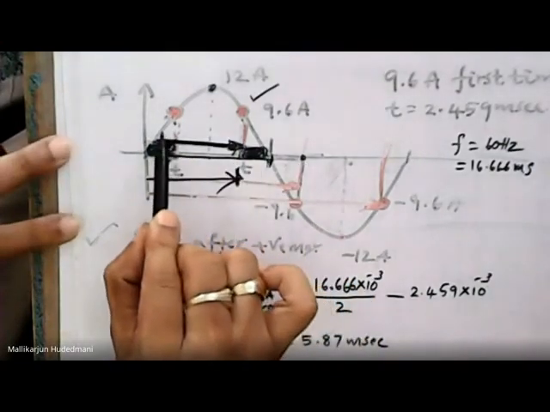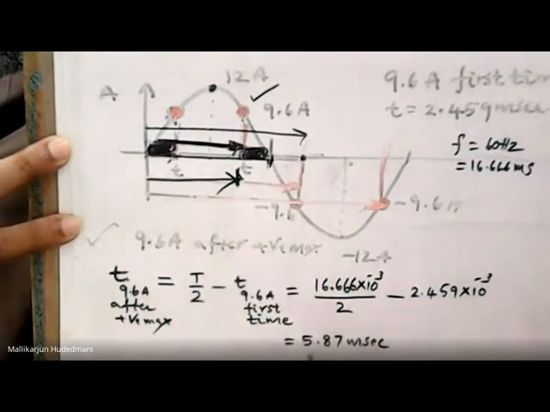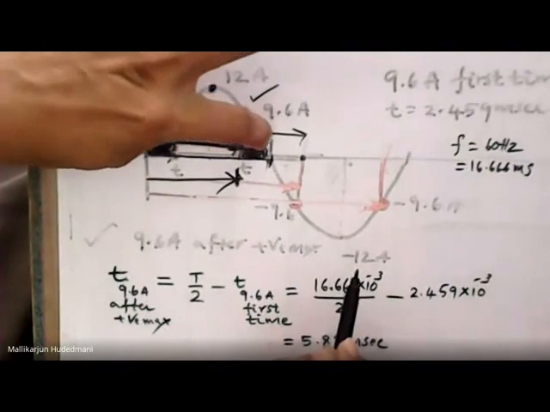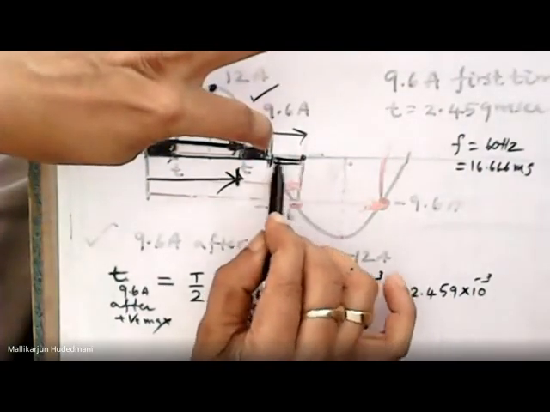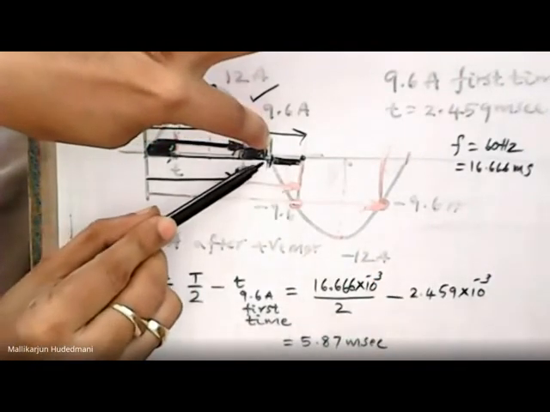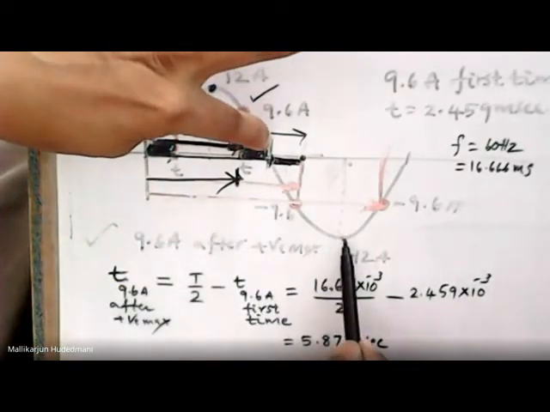The same thing, if I want 9.6 minus first time, this length of time, how do I do it now? Suppose this is my requirement. When is this possible here? It is half cycle, T by 2, plus this time. This time is known to me. This time is what? 9.6 appearing from this 0 mark. If this is the 0 mark, it increments up to 9.6 and the peak, then decrements here.